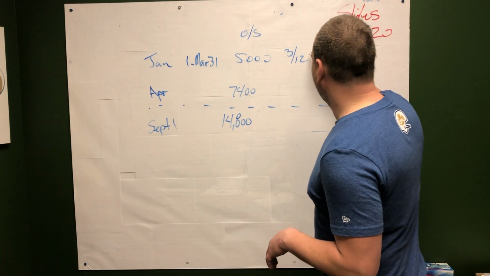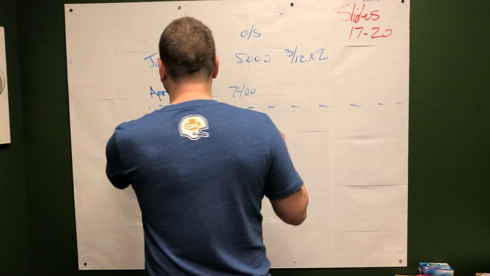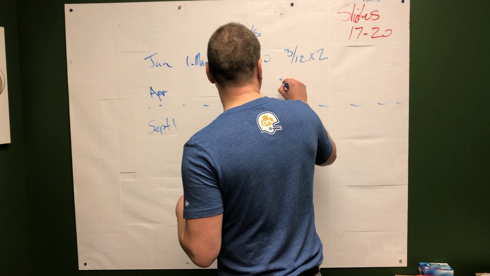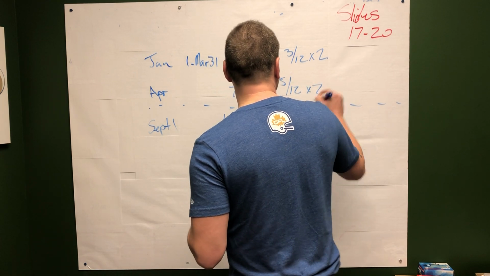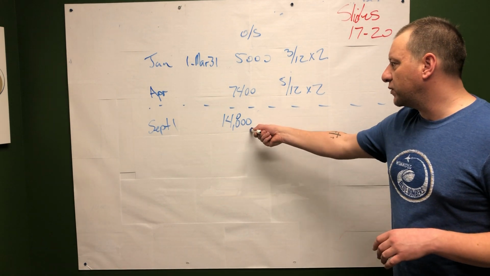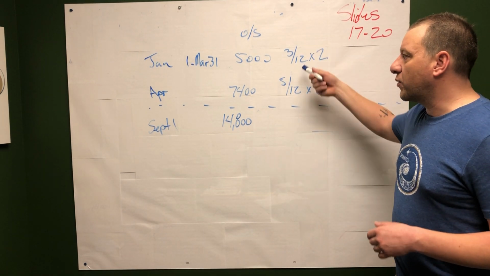So we're going to go times 2. And we can close this off. So April, May, June, July, August. That's 5/12s times 2. Why times 2? Because we have to apply the split that happened on September 1st to the prior periods.